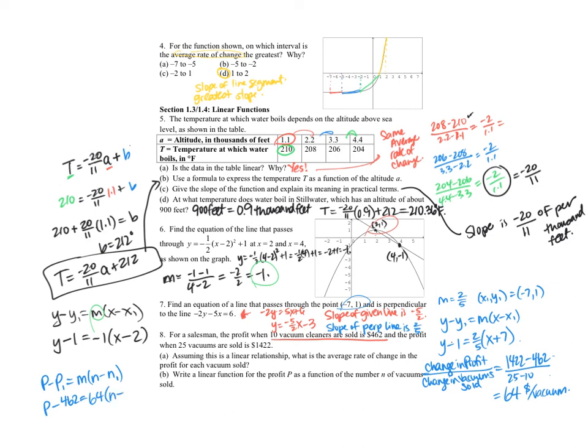Recall that if we had 462 as the profit, then the number of vacuums that went with that was 10. Okay. So it asks for a function P as a function of the number of vacuums. So I am going to solve for P in this case. 64 times n minus 10 plus 462. And if you want, you can simplify that, but we'll leave it.